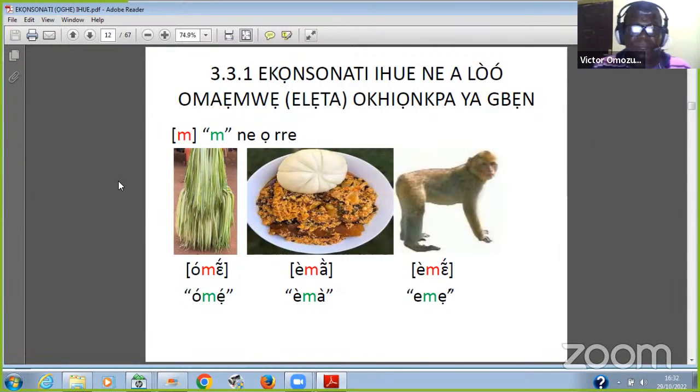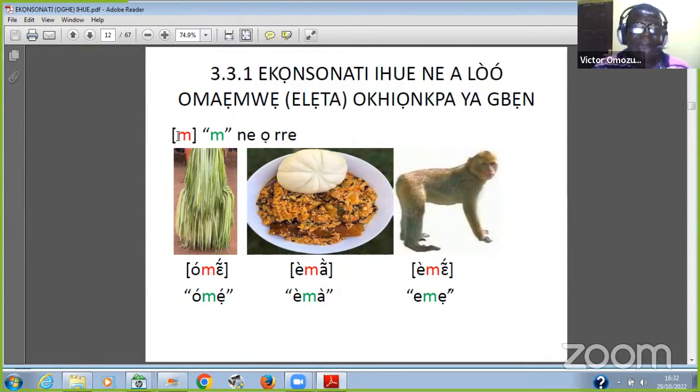Like we have been saying in previous lectures, what you have in red there is the way the sound is pronounced. That is me in this case. And then what you have in green is the letter of the alphabet that is used to write it.